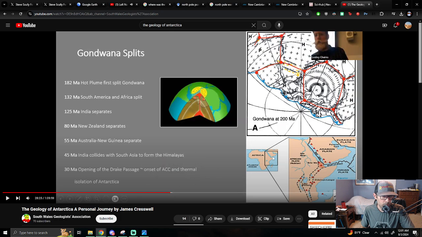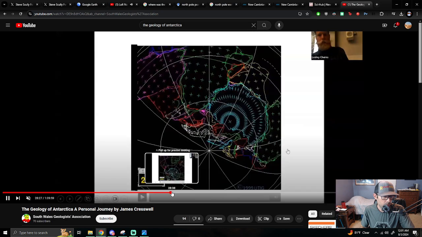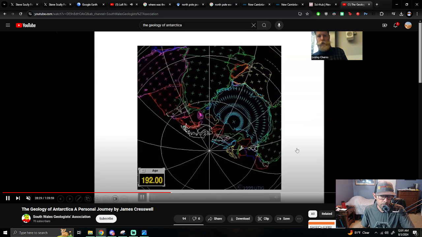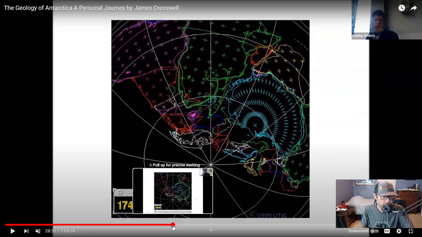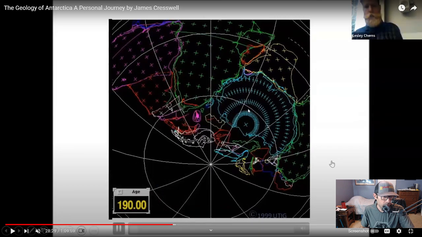This is what I want to show, though. Notice the time. Okay, hold up. Notice we started at 200. Here's Antarctica. Here's India. Here's the presumed pole, which I guess is opening. It's probably actually opening.